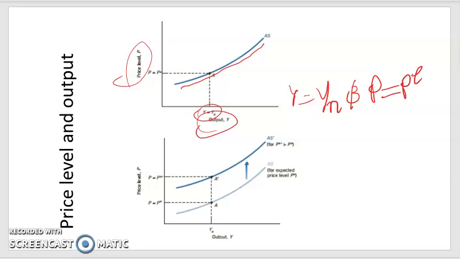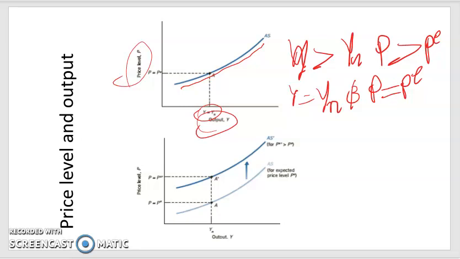In the case where output is greater than the natural level, this means that the price level is also greater than the expected price.